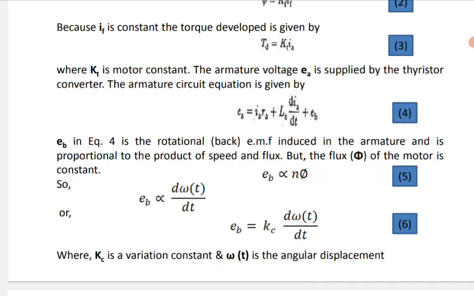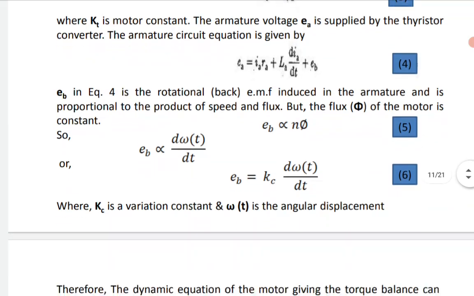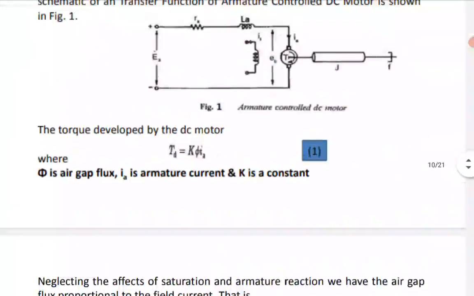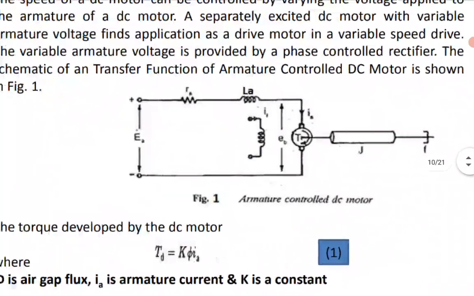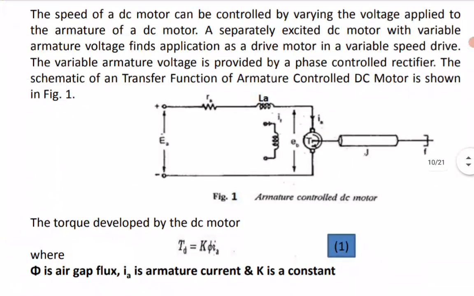So after omitting the variation constant, we rewrite it as Eb equals Kc into d omega of t by dt. Kc is the variation constant, omega of t is the angular displacement. Now, before starting this problem we should have a recognition: for a transfer function we have to recognize the respective input variable and output variable.